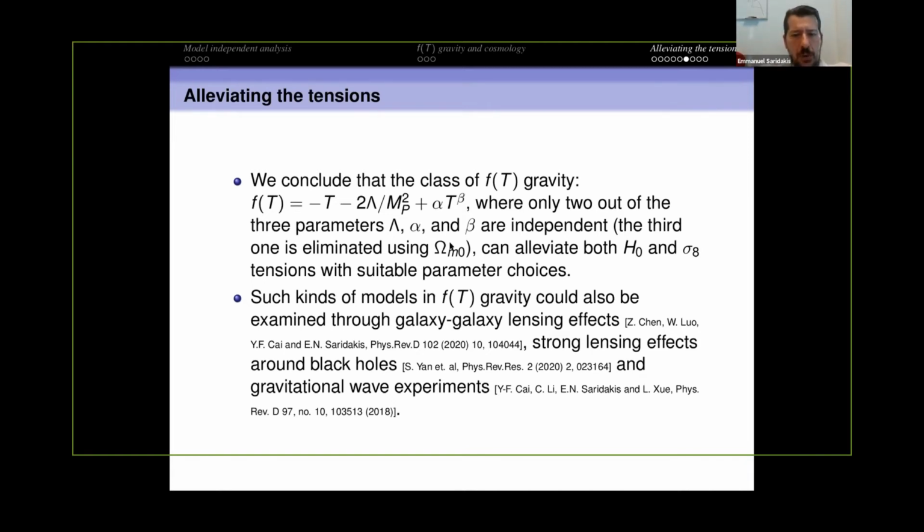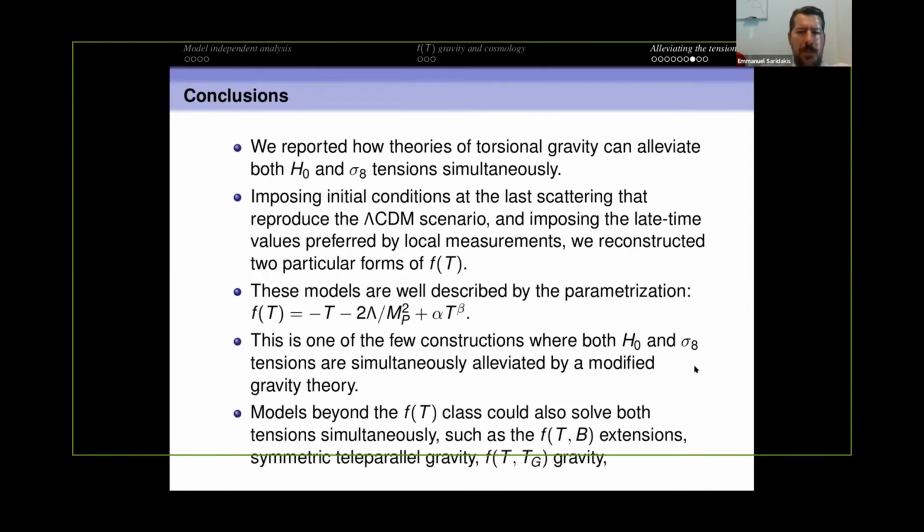And of course, you can use data to confront these models from strong lensing at galaxy scales, the usual data and gravitational waves experiments. So, in summary, we presented a torsional modified gravity model that can solve both H naught and sigma 8 tension. And this is just a torsional correction to lambda CDM.